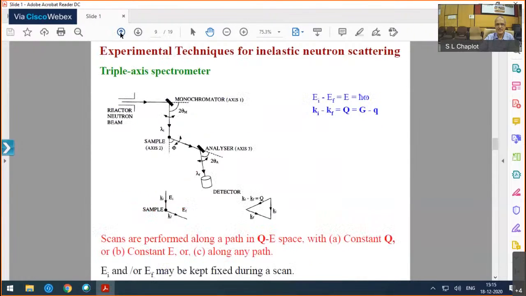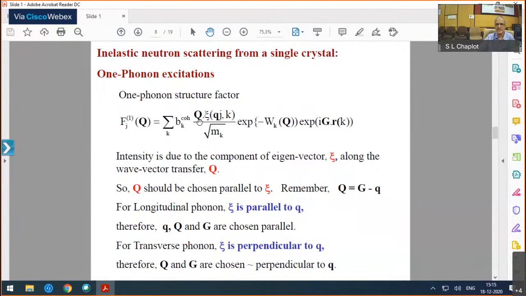For the simple reason that what we actually measure is the dot product of the capital Q, the wave vector transfer, that is G minus q, dot the eigenvector. So it's only that component.